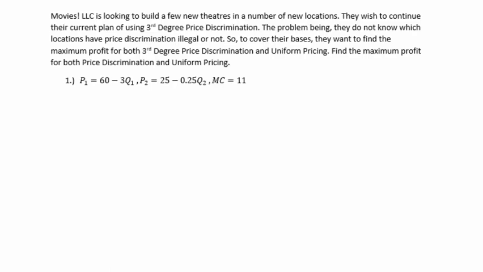Third-degree price discrimination occurs when you have two different groups of demand. You have the normal group, which could be considered our P1, and then the more price-sensitive group, or our P2. Since we have two different groups, we can profit maximize them separately, each like a regular monopoly, except they share a marginal cost.